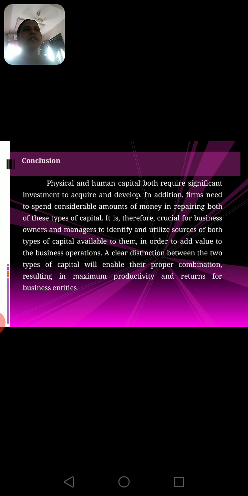It is therefore crucial for business owners and managers to identify and utilize sources of both types of capital available to them in order to add value to the business operations. A clear distinction between the two types of capital will enable their proper combination, resulting in maximum productivity and returns for business entities.